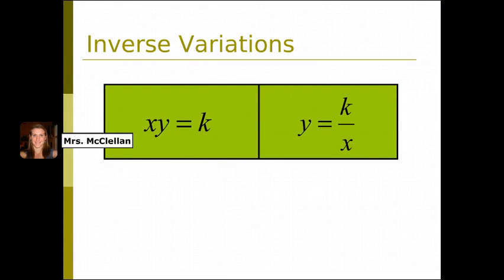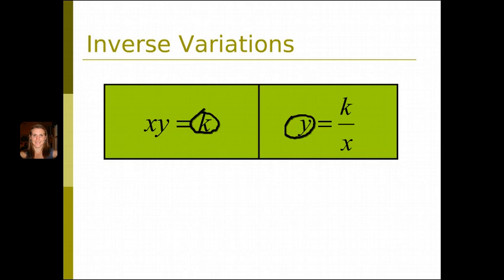The last topic we're going to discuss in Chapter 5 is inverse variation. You see 2 equations written on your screen at this point. Those both are the same formula for inverse variation. However, one of the equations is solved for k, the other equation is solved for y. Just like with direct variation, we gave you 2 different equations that you could use.